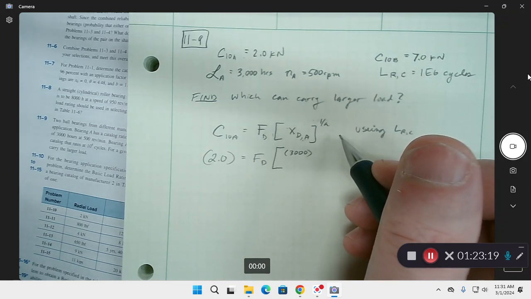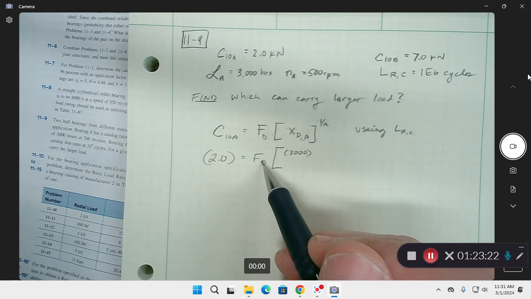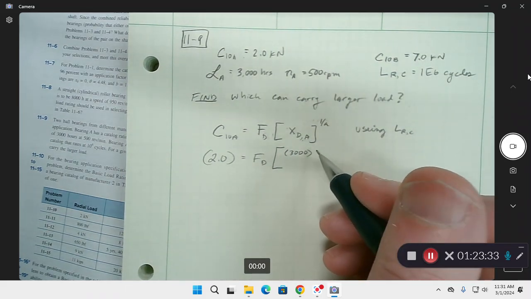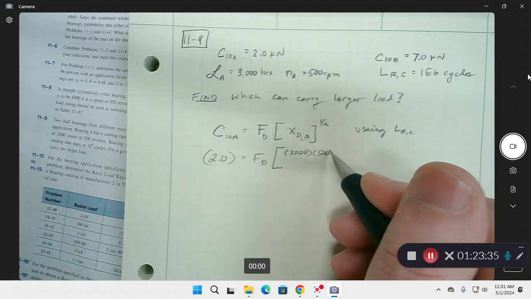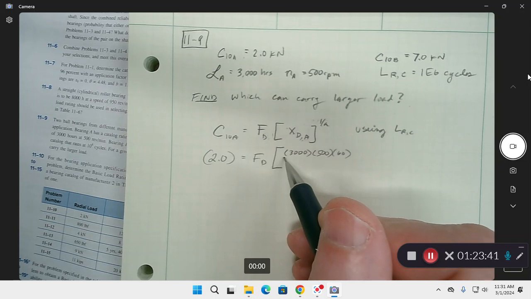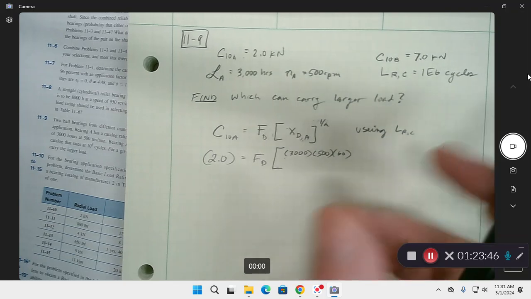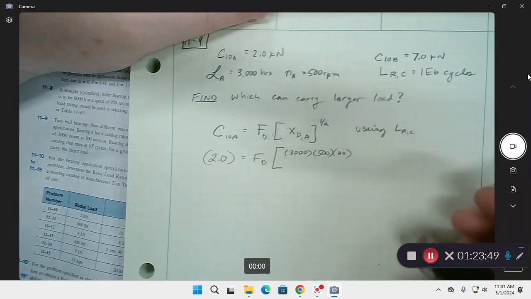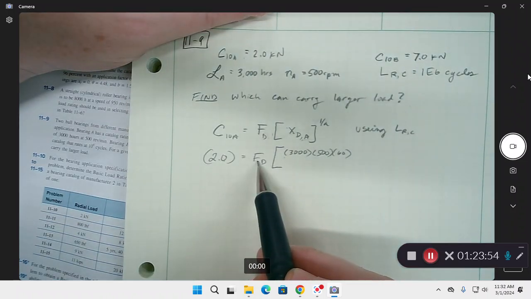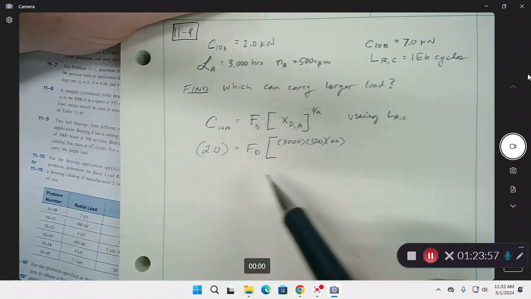I'll get it back in just a second. Yeah, I could do this. Now I've just figured out a third way to do this problem, and that's always confusing. It's 500 times 60. I apologize, I'm trying to decide if I want to put this here or here. Let me take a second to think.